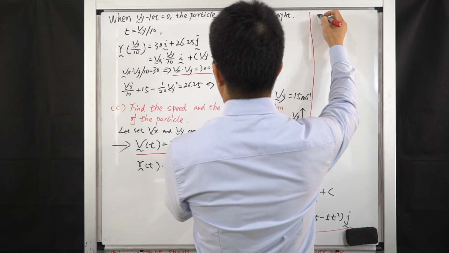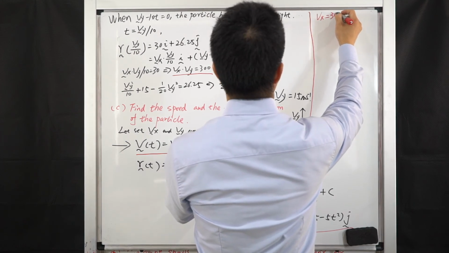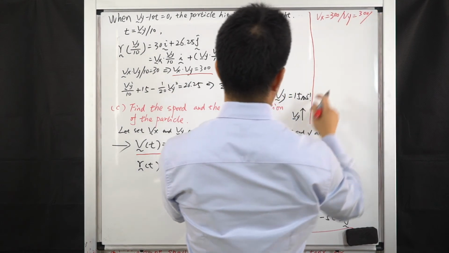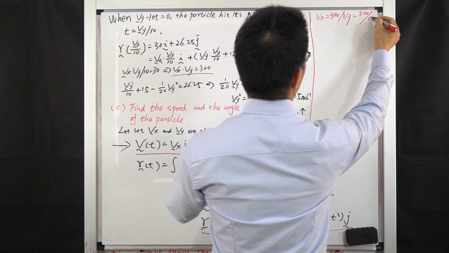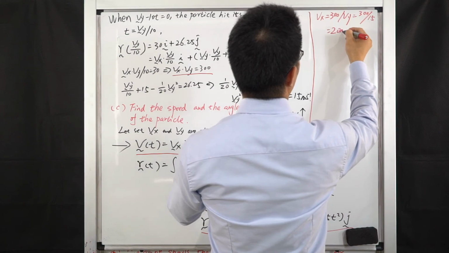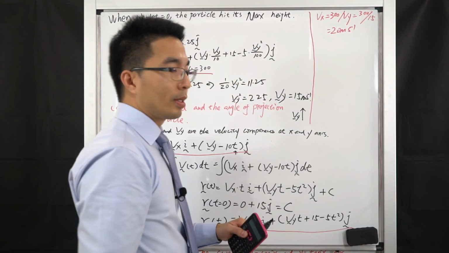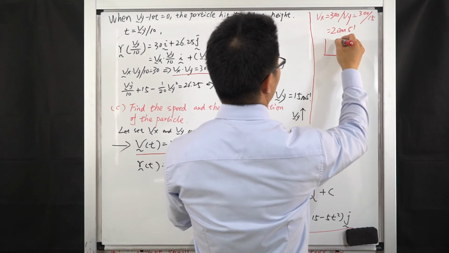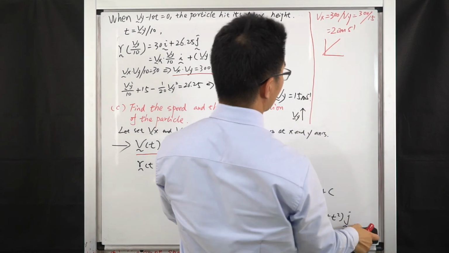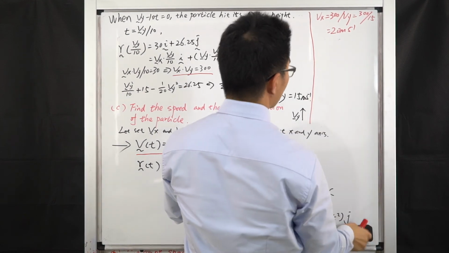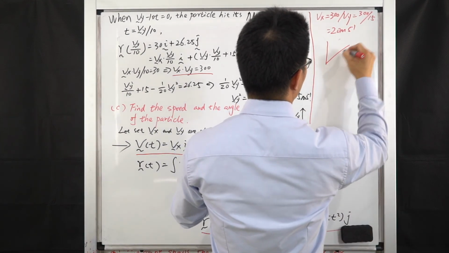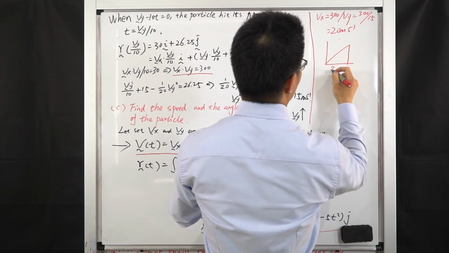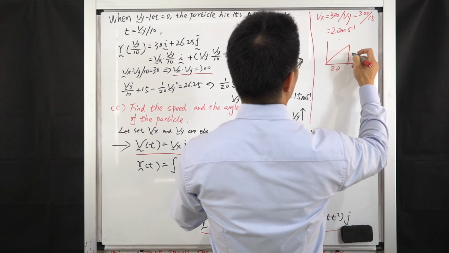So Vx would be equal to 300 divided by Vy, right? Equal to 300 divided by 15, equal to 20 meters per second. Okay, Vx is 20, Vy is 15.